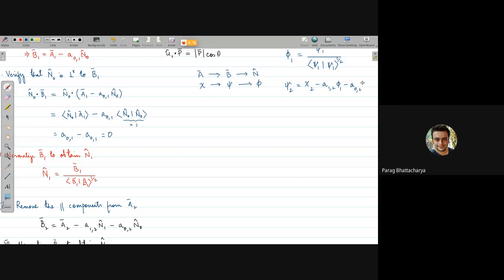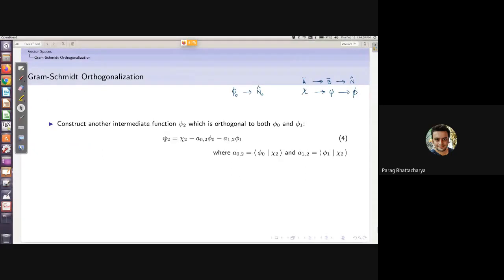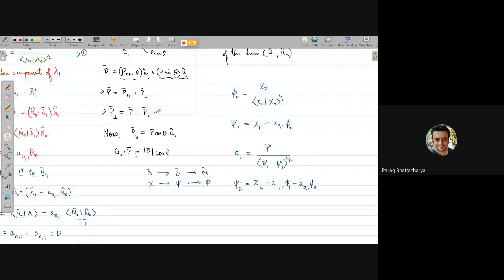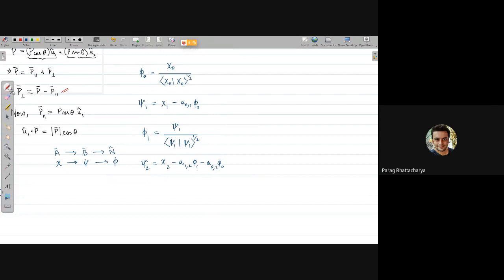Instead of n0 we will write phi0. You can see here it's the same expression. Is that clear, everyone? Everyone understood? This is your Gram-Schmidt orthogonalization.